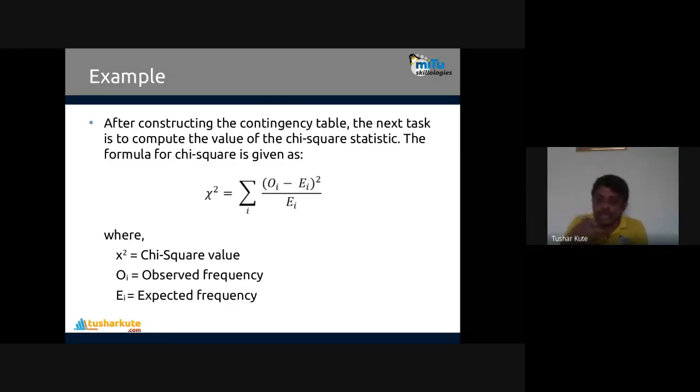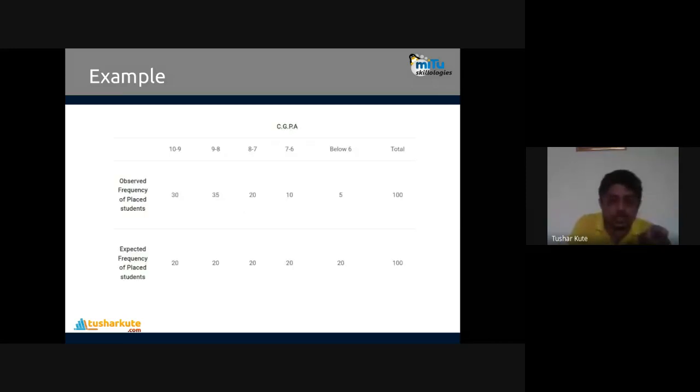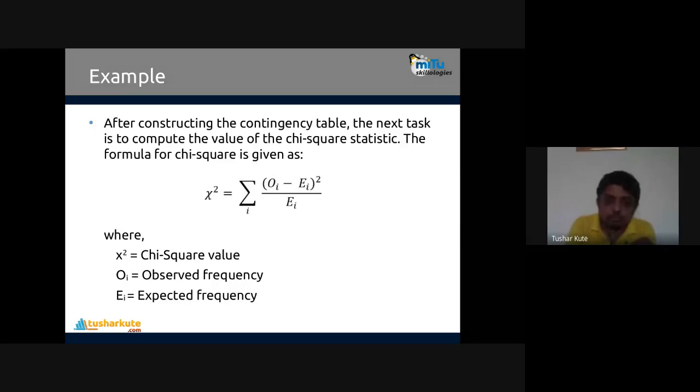X square is equal to, basically, the Greek symbol chi, chi, remember, is equal to the sum over all values of i of (O_i minus E_i) squared, so this value will always become positive, divided by the expected frequency. Observed frequency is here, expected frequency is below. Just subtract it and divide by the expected frequency. We get the chi-square value here.